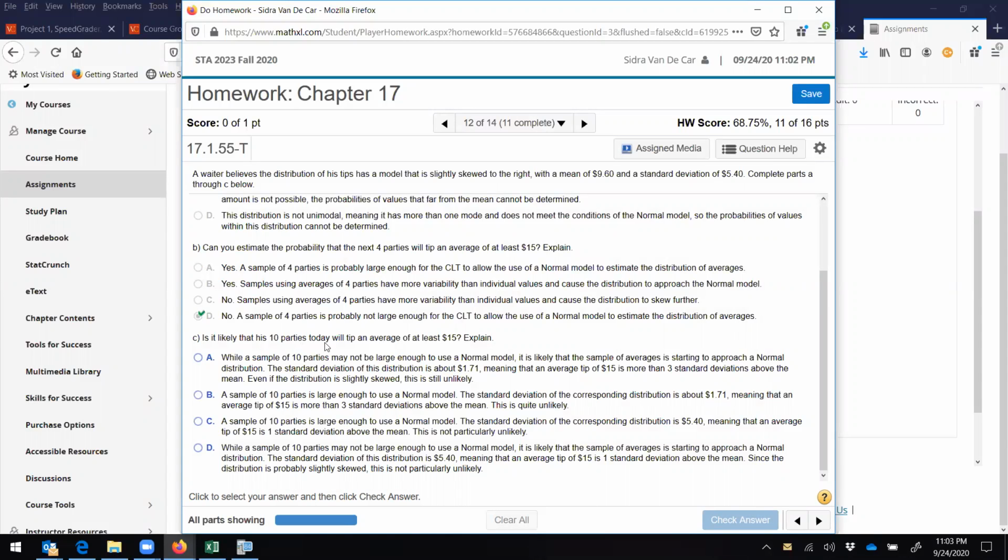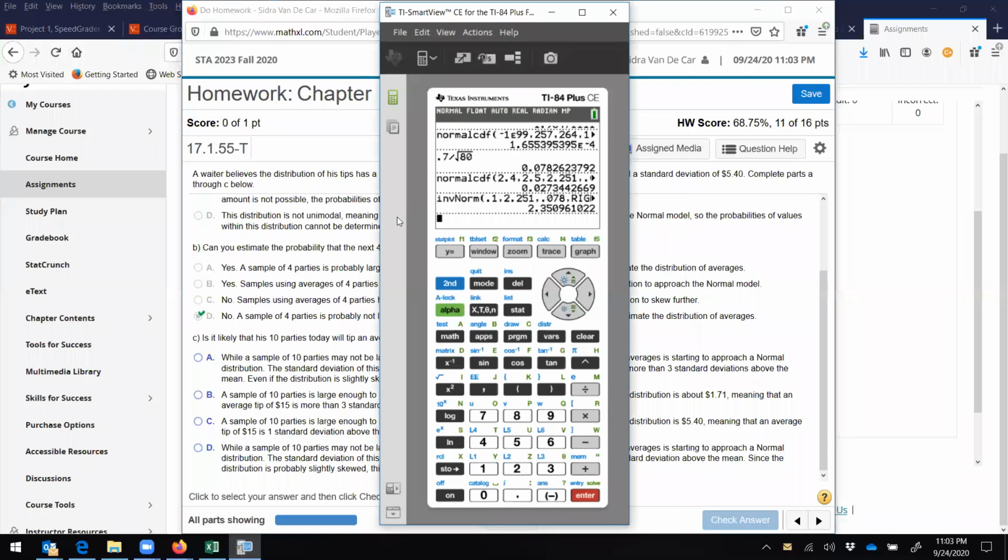Is it likely that his 10 parties today will tip an average of 15? All right, it may not be large enough to use the normal model, but it's starting to approach it. So we could say the mean would be 9.6 and the standard deviation would be 5.4 divided by the square root of 10.